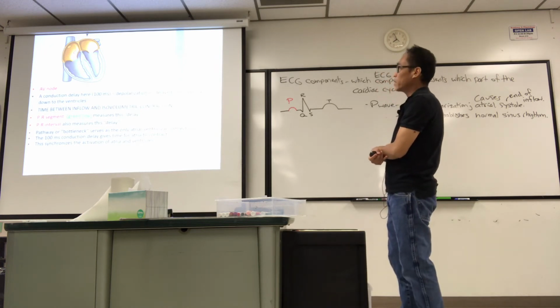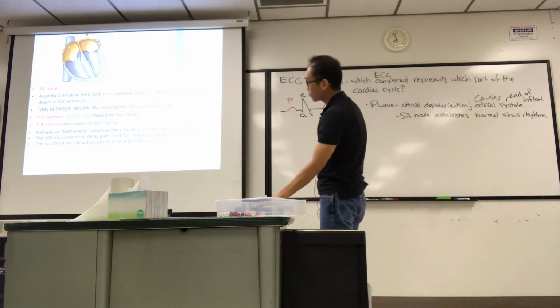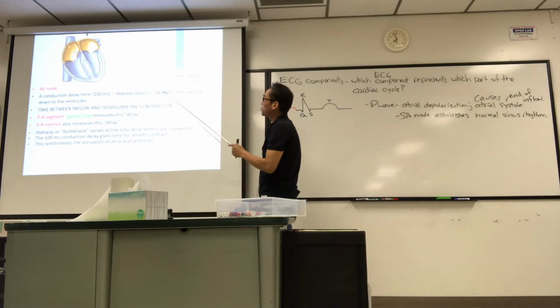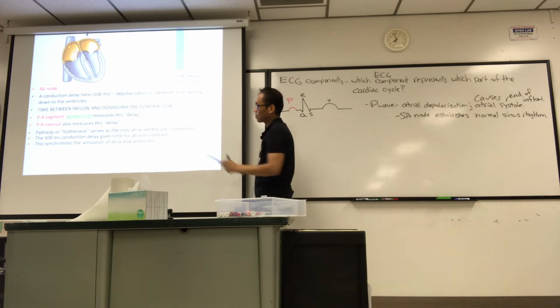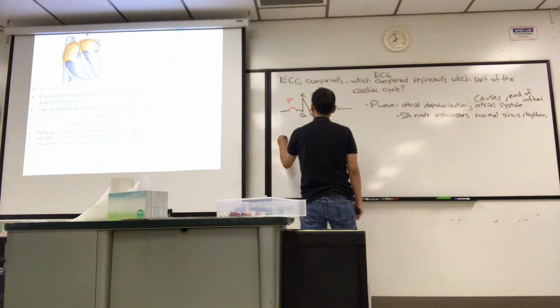Well, the next thing we have students measure is called the PR interval. You measure that by highlighting the beginning of the P wave all the way up to Q. Let me illustrate that by coloring it red.